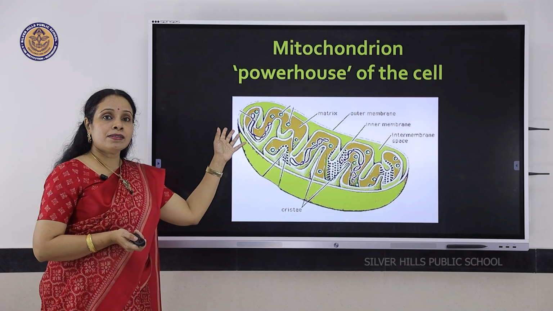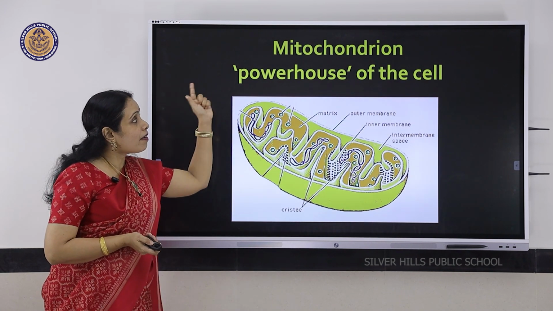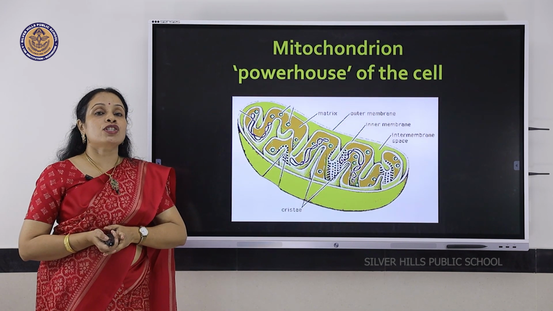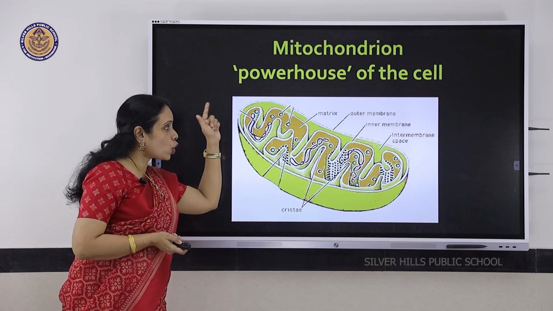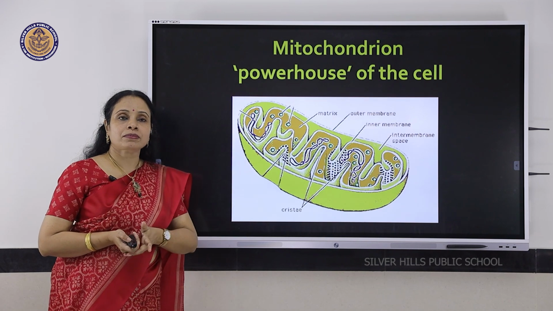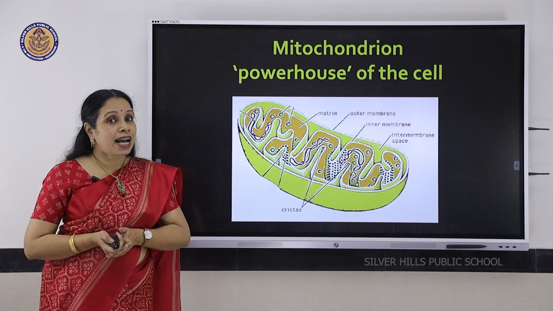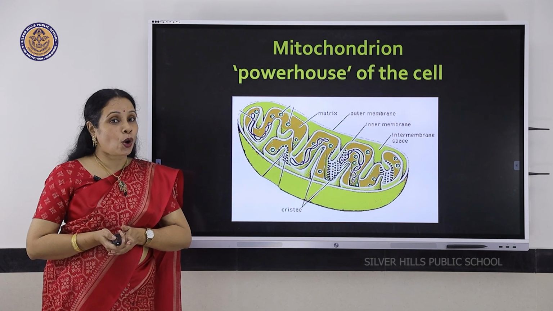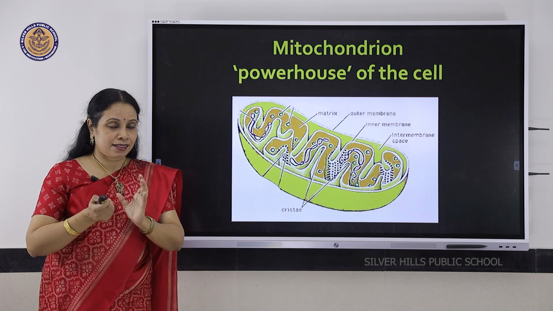It happens in the cells, in the powerhouse of the cell, which is an organelle called the mitochondrion. It is a sausage shaped structure which lies in the cytoplasm. You have studied that it is a semi-autonomous organelle, which means it has its own genes.